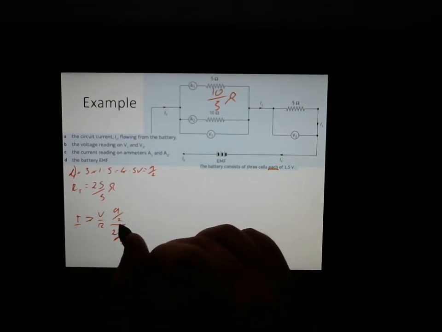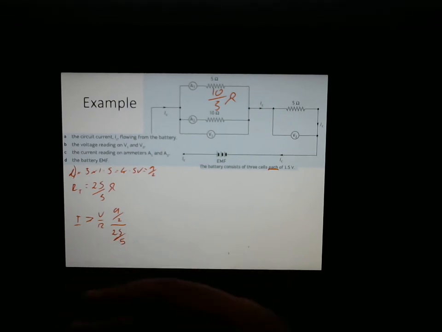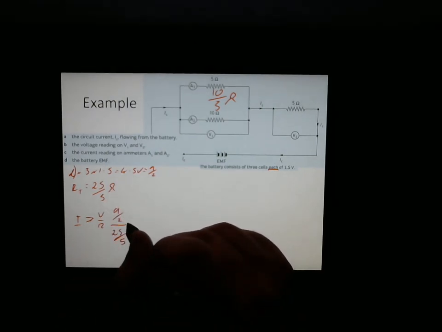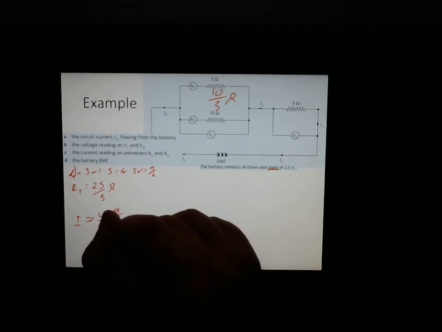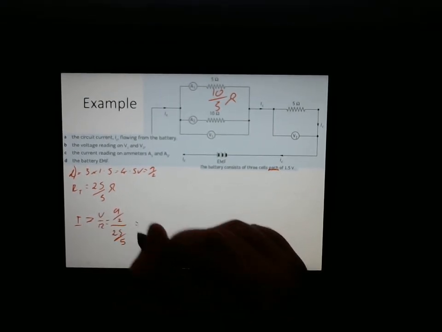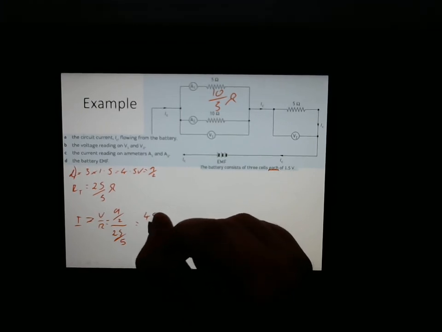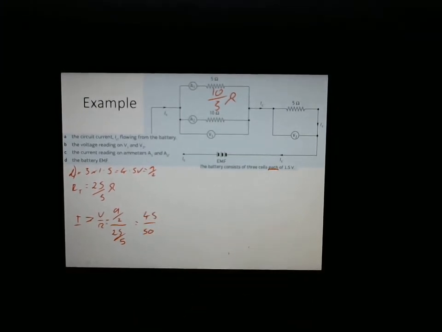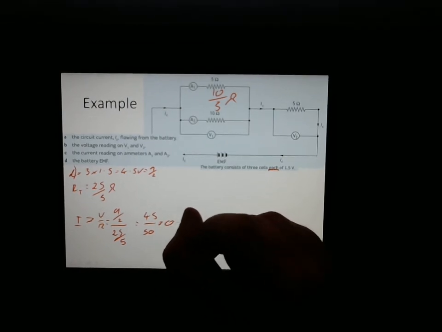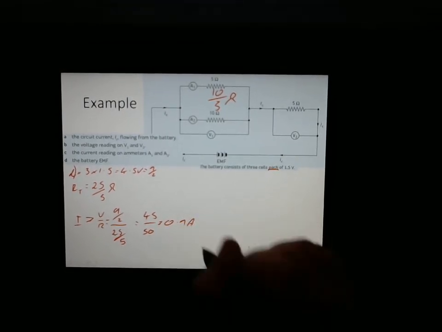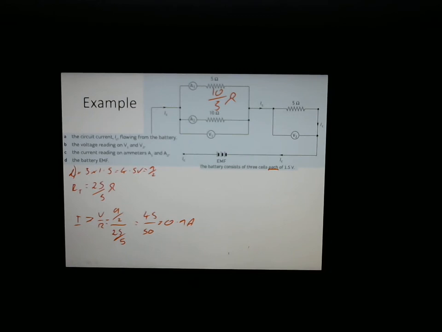So, when you divide by fractions, you multiply by the reciprocal. So that's going to be 9 times 5. 9 times 5 is 45 over 50, which is just going to be a nice easy 0.9 amps. Let's see, 10, yeah, 9, yep, great.